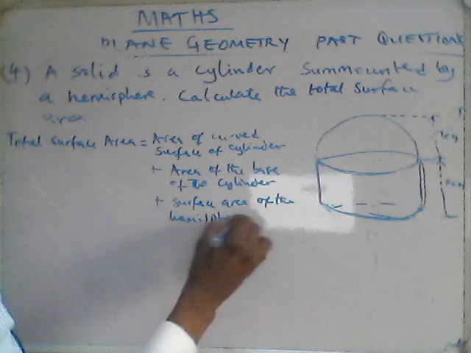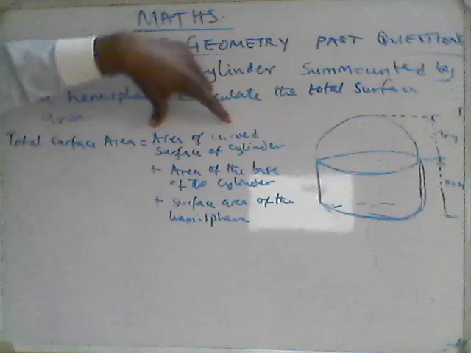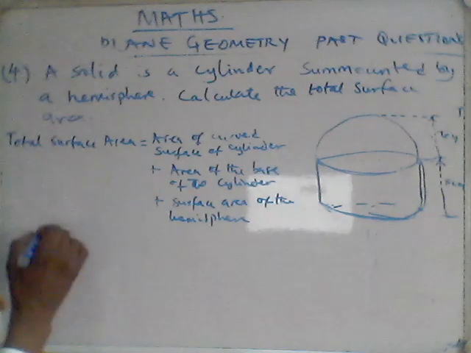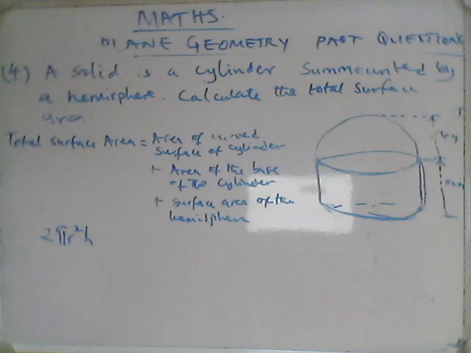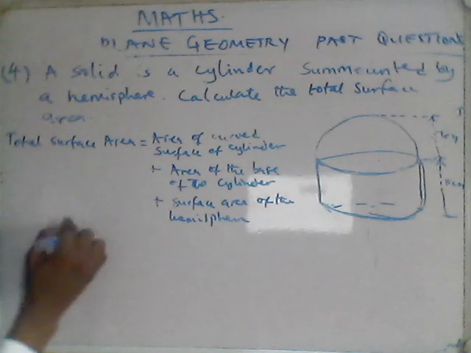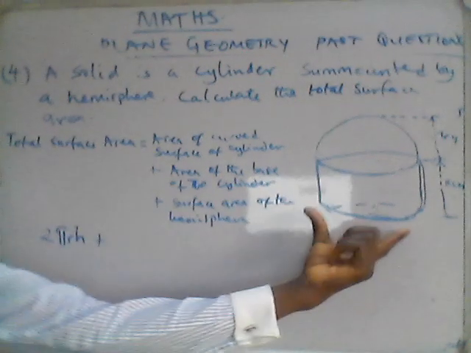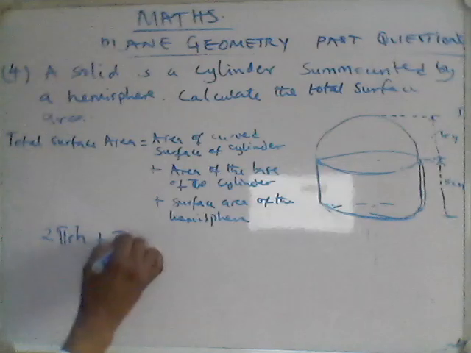So I'm going to be writing the formulas of each of the areas of this thing in order. I'll start from the curved surface area. The curved surface area formula is 2 pi r h. You understand? Plus the area of the base of the circle, which is pi r square.